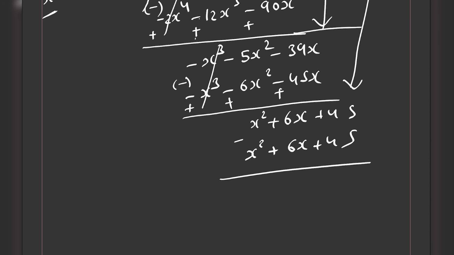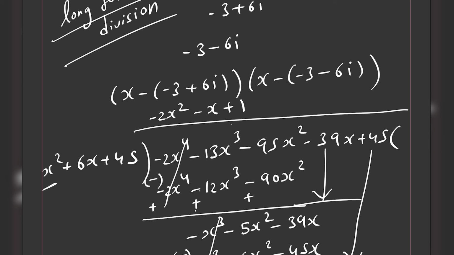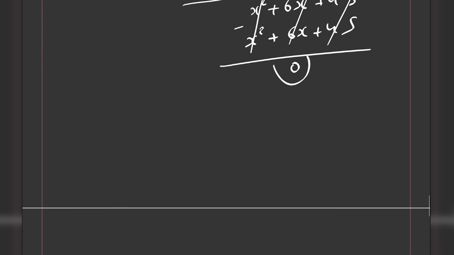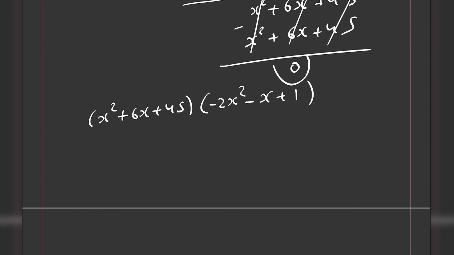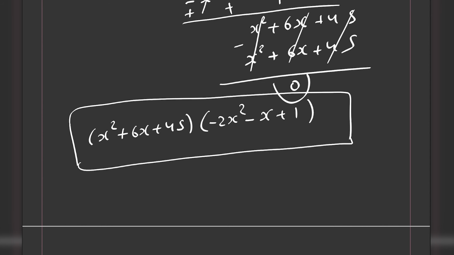Now we will subtract them. x square minus x square is 0, 6x minus 6x is 0, 45 minus 45 is 0. So that is your remainder, and this is your quotient right here. So the factored form of our given polynomial is x square plus 6x plus 45 and minus 2x square minus x plus 1. This is your quotient, right? So this is your final answer.